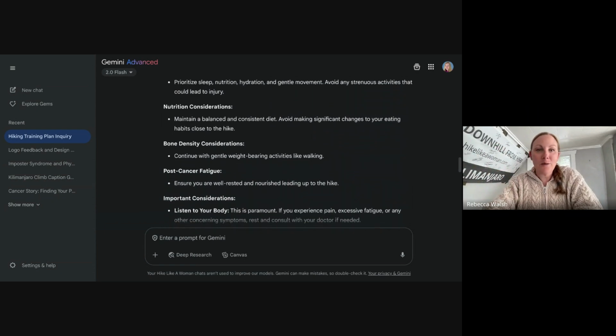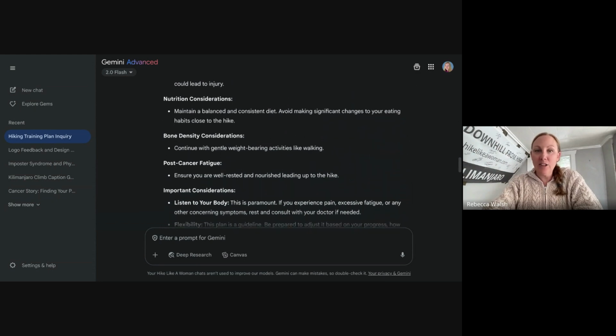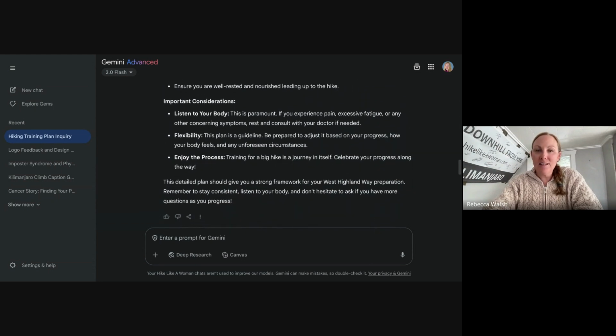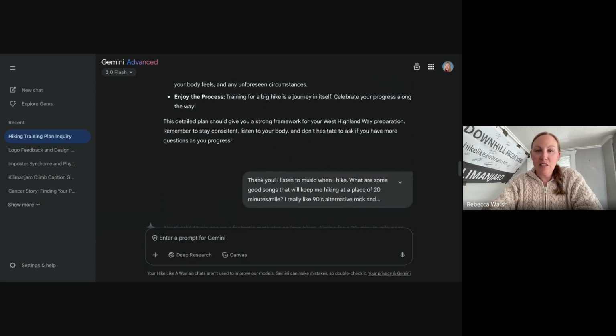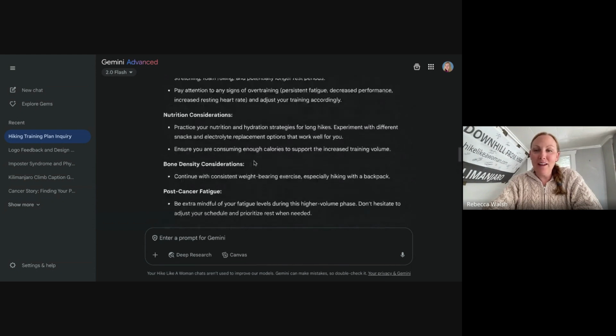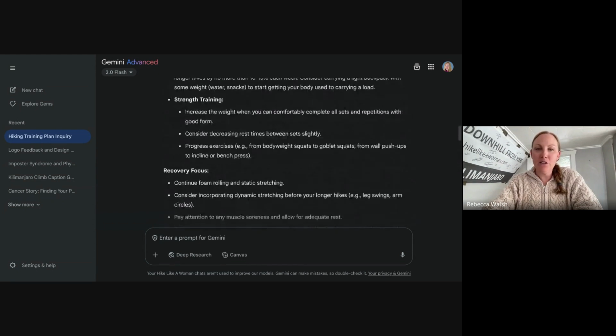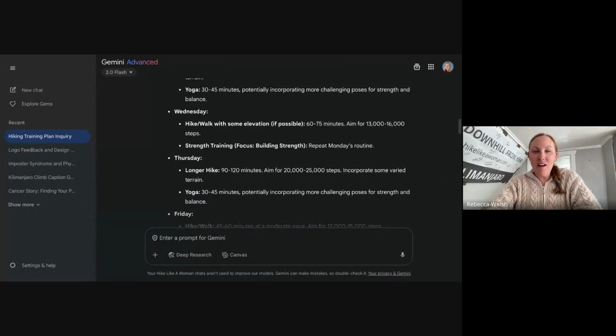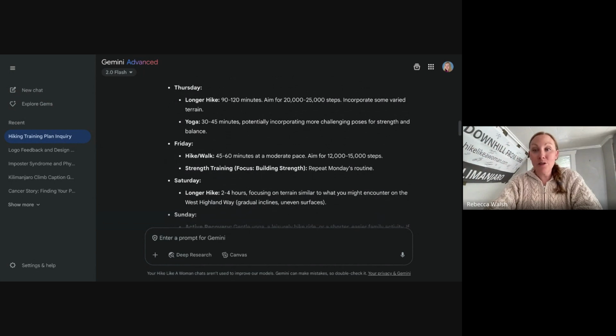Recovery focus, sleep, nutrition, hydration, gentle movement, trying to avoid injury, all those things. Talks about important considerations. And I just thought that was so cool that I could just type in a little bit of information about myself and then all of a sudden have this training program that is really doable and really relates to how I like to train my body.